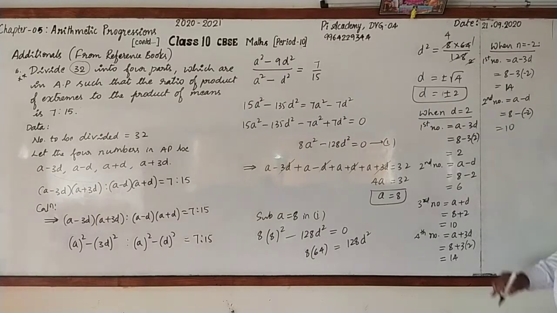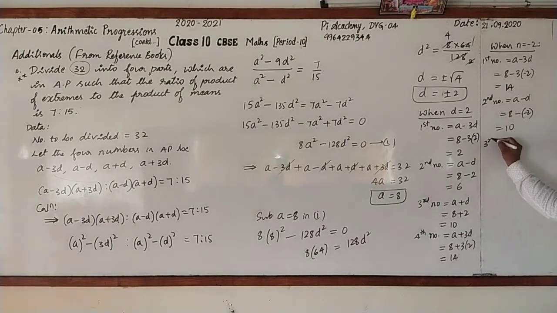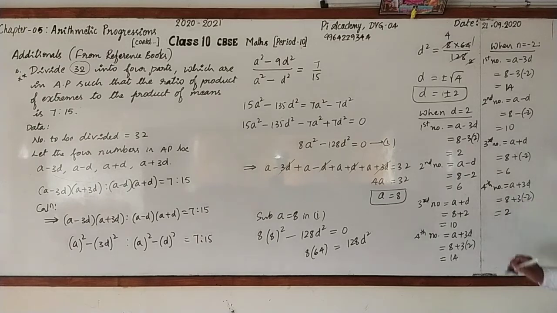This will be 10. Third number is a plus d. a is 8 plus of d is minus 2, which is equal to 6. And the fourth number is a plus 3d. a is 8 plus 3 into d is minus 2. 3 2s are 6. Plus into minus, minus 6 plus 8 is 2.